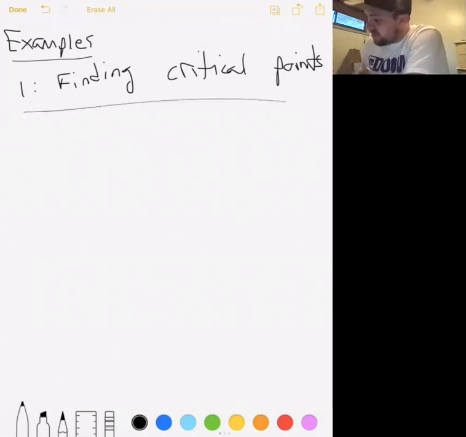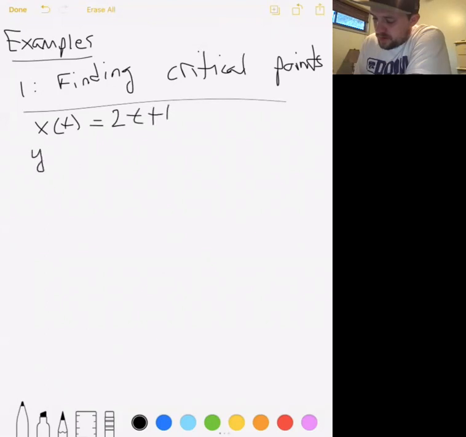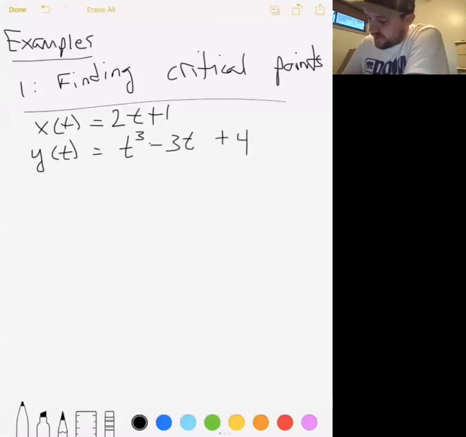So let's say we have the following parametric curve. x of t equals 2t plus 1. y of t equals t cubed minus 3t plus 4. And let's look at this over the interval [-2, 5]. Okay?